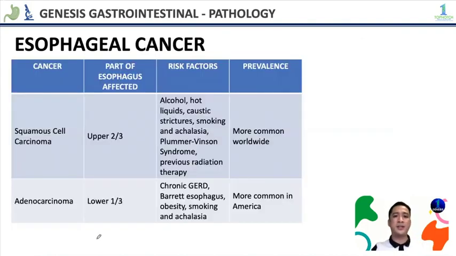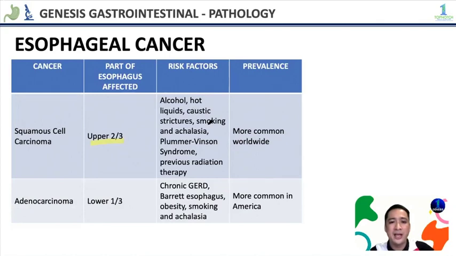Next. So in a nutshell, this table represents the comparison between the two. Your squamous cell carcinoma is the more common esophageal cancer in the world, which affects the upper two-thirds of the esophagus. The usual risk factors include alcohol, hot liquids, hot tea, which you have read before, no?